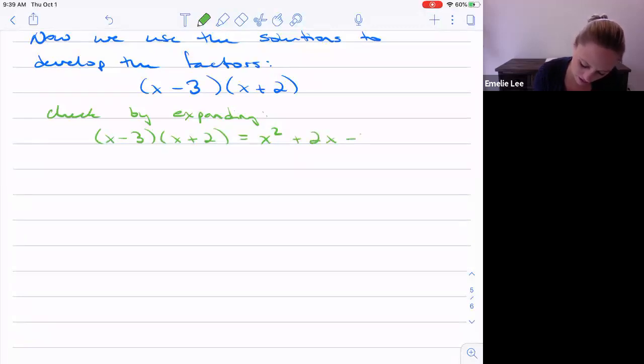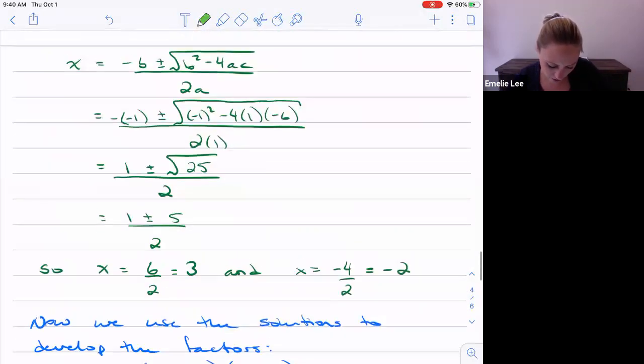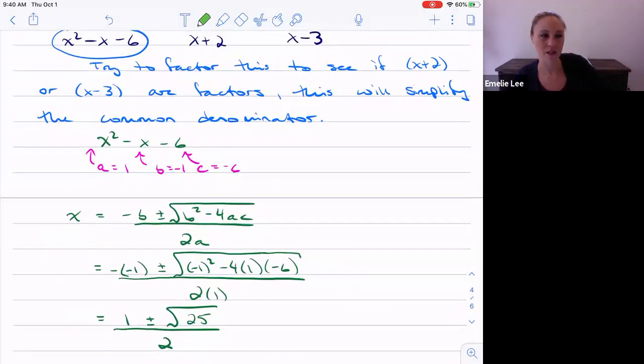Minus 3 times x is minus 3x. Negative 3 times positive 2 is negative 6. That puts me at x squared, 2x minus 3x is negative 1x, but I'll just write x, minus 6, which is x squared minus x minus 6, which is what we wanted.